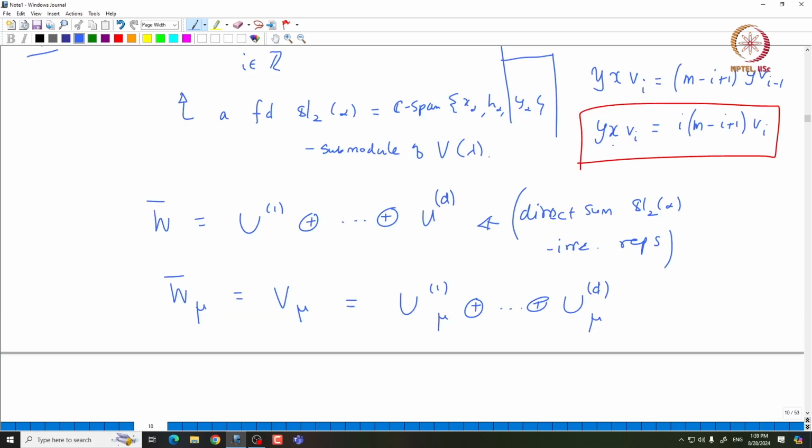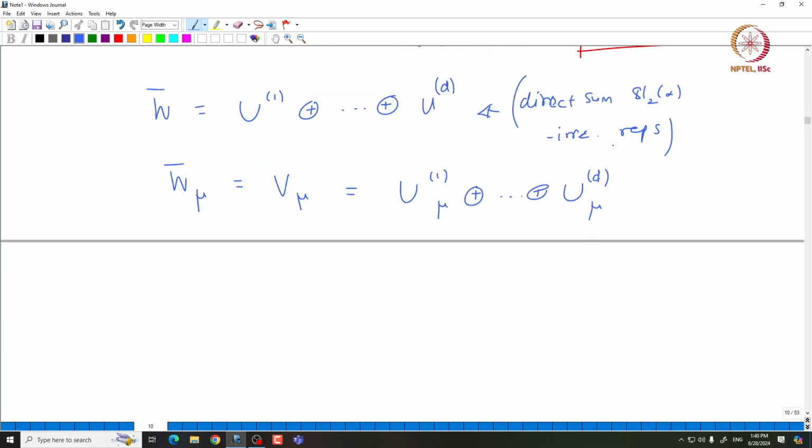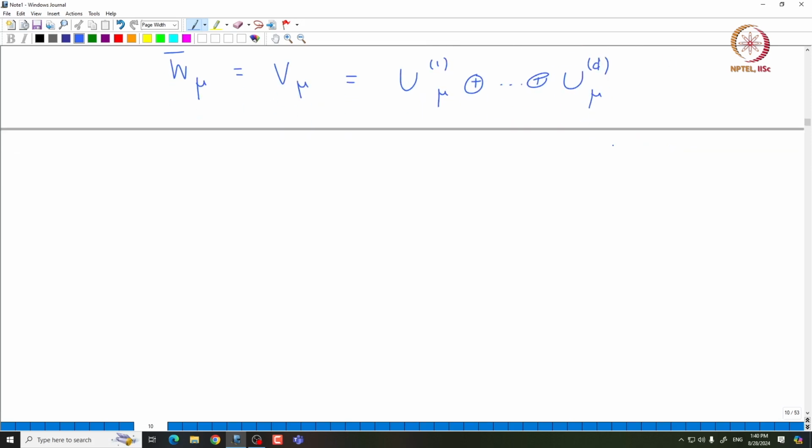So W bar is the direct sum of these Ui's. In particular, the mu-th weight space of W bar is exactly V mu, which is nothing but the direct sum of the mu-th weight spaces of each Ui. Now, if you are interested in calculating the trace of Y alpha X alpha acting on this V mu, this is the same as calculating the trace on this W bar mu.